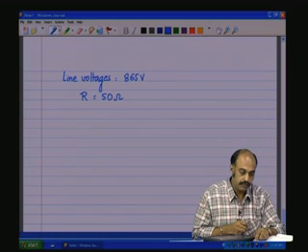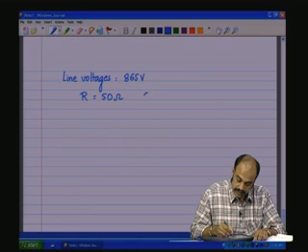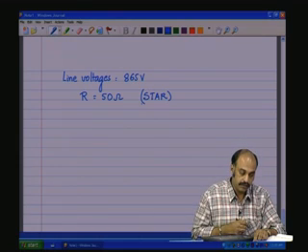Now, the load is connected in a star circuit.